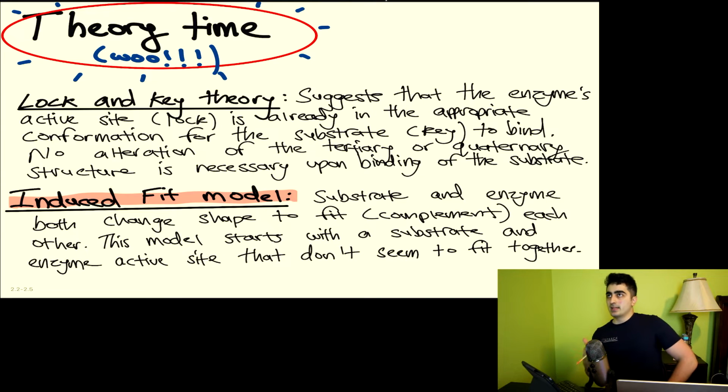So you have an enzyme and a substrate that initially don't really fit together that well, but when they're binding to each other, they mesh and they change shape to lock into each other and to really fit together. So this is the model that we want to know, that we believe in. The lock and key theory is a little bit too simple.